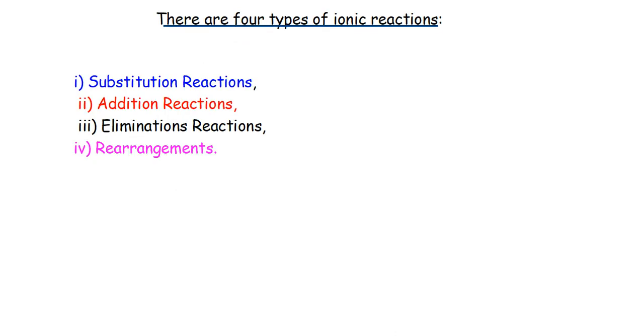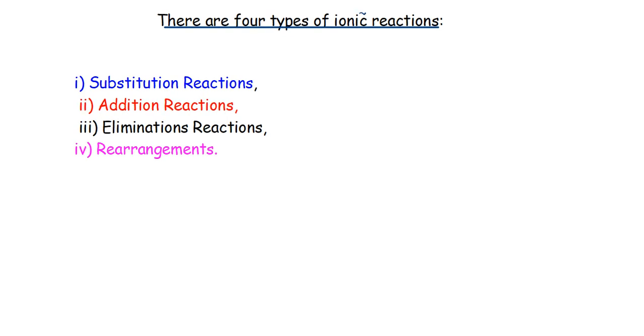There are basically four types of organic reactions. In fact, they are ionic reactions, but let me just say they are organic reactions. We need to be aware of these types of reactions; there are four of them. The reason I've written ionic is because of different polarity, where we have a positive and a negative, but in covalent compounds we find the same things.